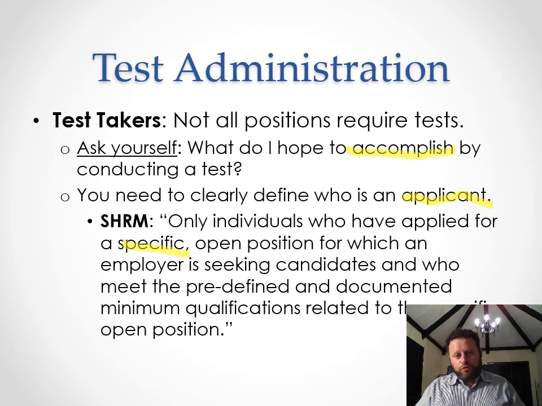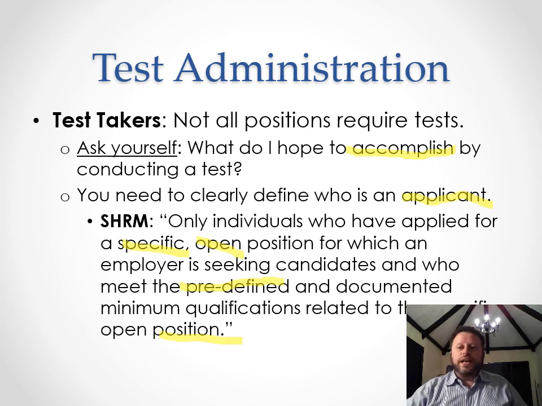You have to prove that if you're suing a company, you are applying for a specific job. You can't just say, "I want a job at Microsoft." It has to be an open position. You can't apply for a job that they already filled. The employer must be actively looking for people, and I must have the predefined minimum qualifications related to this position.